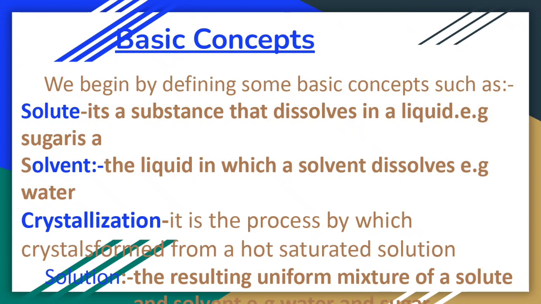Then we have another term, crystallization. Crystallization is the process by which crystals are formed from a hot saturated solution as it cools. Normally for crystals to form, we saturate a solution by evaporating excess water.